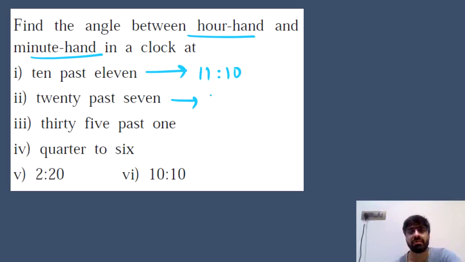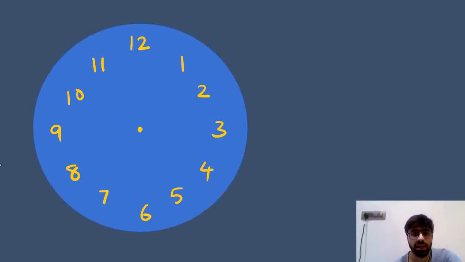20 past 7 means the timing is 7:20, and when the timing is 7:20, the hour hand will be somewhere between 7 and 8. That is your hour hand, and the minute hand will be exactly at 4. Okay, so how many numbers do you have in there? From 4 to 5 it will be 30 degrees, 5 to 6 30 more, 6 to 7 it will be 30 degrees more.